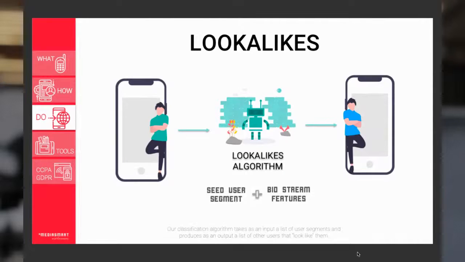We have our algorithm, somebody else has different algorithms, but they all usually start with the seed segment. This seed segment is a number of users with a number of data points, and the algorithm finds what traits or data points are similar between them, so that you can get users that are similar to those, and you can create your campaigns and target and grow your user base with this type of ideal, quote unquote, customers that you want to reach.